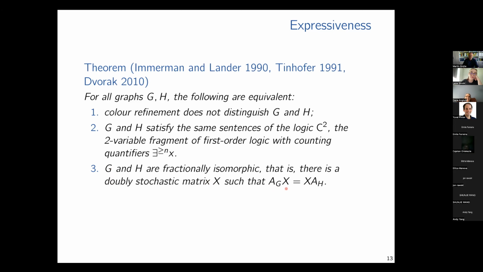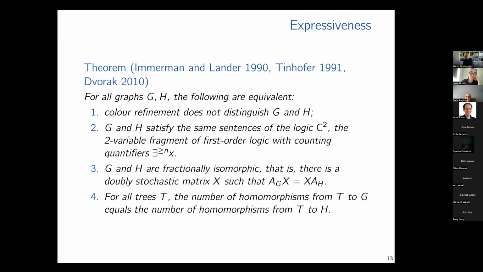So it's a relaxation, if you will, an LP relaxation of a natural integer linear program for graph isomorphism. And the last one is that if we count homomorphisms from trees into our graphs, then the numbers we get are the same for both graphs. So the nice thing about this is that all these characterizations are not obviously the same in any way, but still it all fits and they are all equivalent.